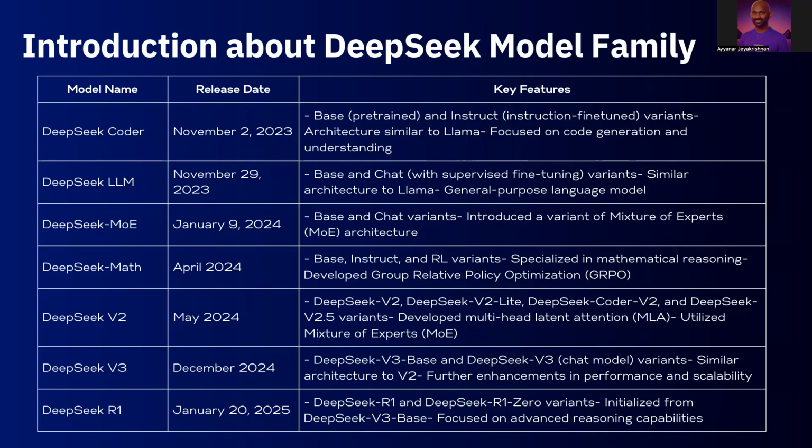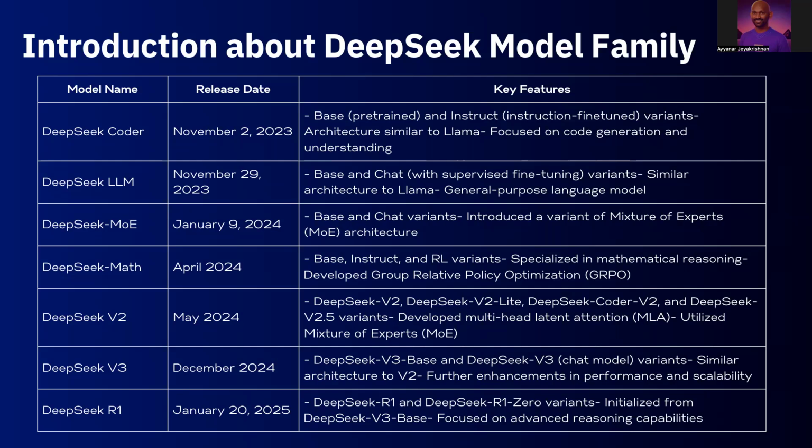DeepSeek V2 is the largest model they announced, in May 2024, but it is not as good as the latest models. Then DeepSeek V3 came in December 2024, where they announced how they trained the model using low hardware. We will touch upon that later.